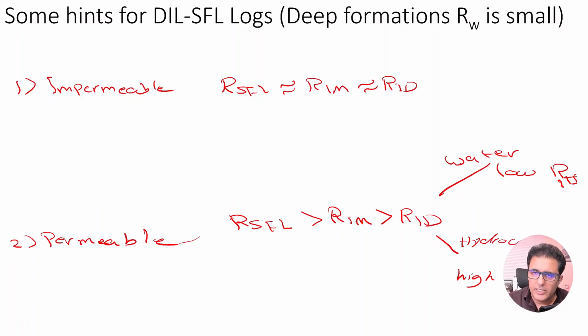In other words, the major reading that helps us to identify hydrocarbon saturated zones is RID, because RID provides us with information about the virgin zone. If the virgin zone is saturated by water, it should have low resistivity. On the other hand, if we have some hydrocarbon in the formation, it is not conductive, so RID should be a high number because it shows high resistivity.